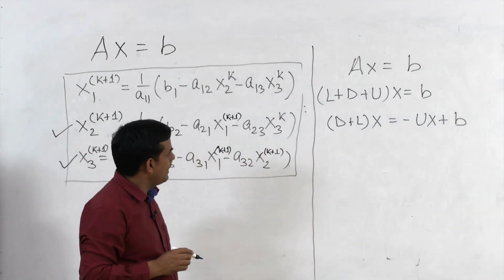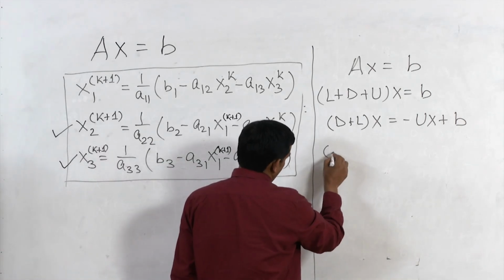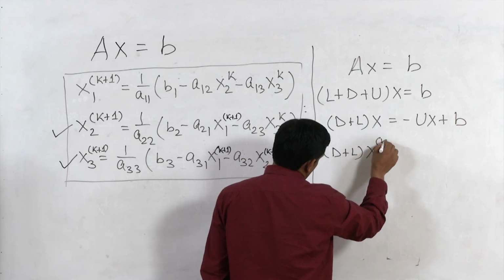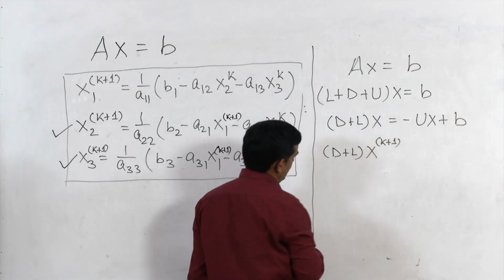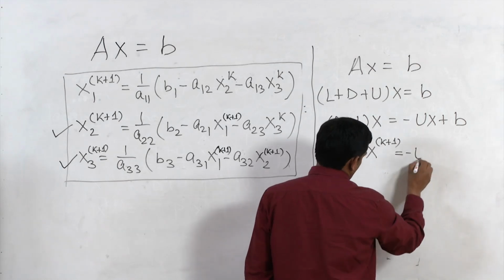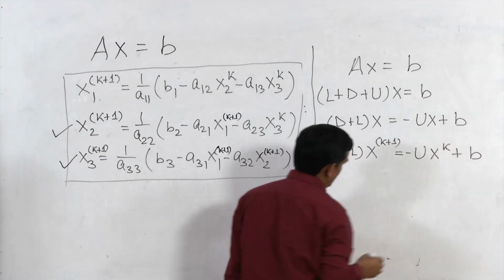From here I write my iterative scheme, that is D plus L times x at the k plus 1 iteration equals minus U x at k plus b.